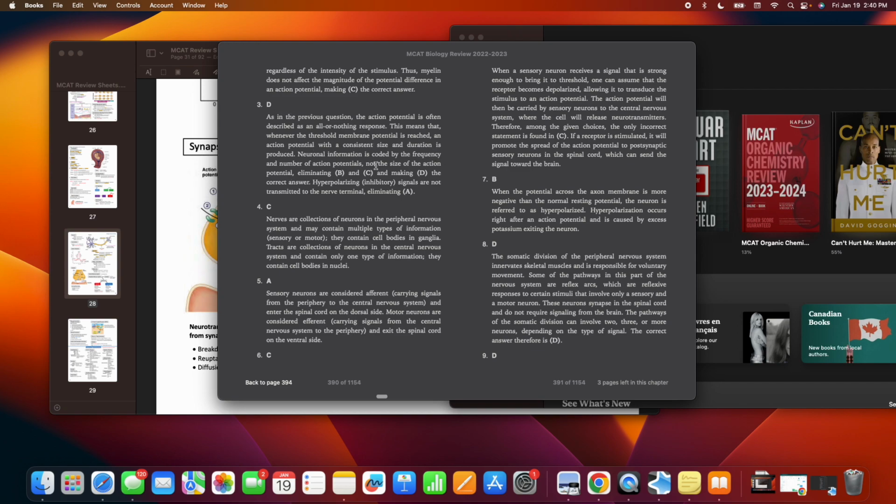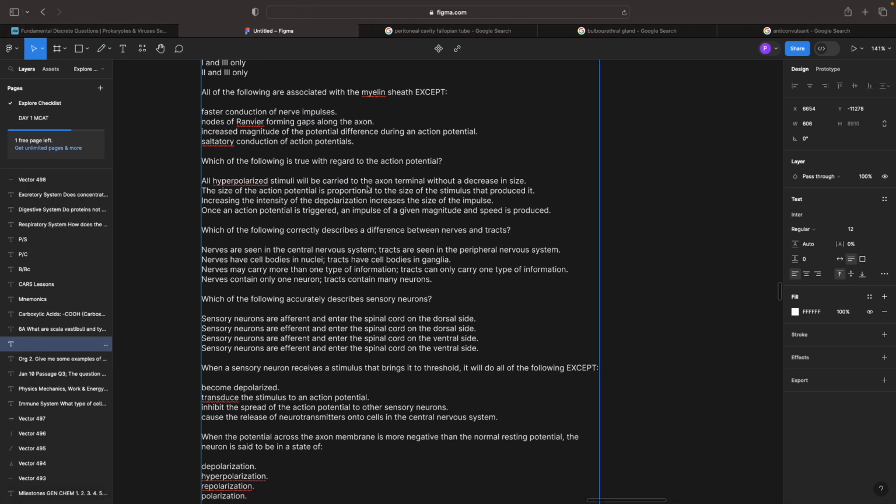Neuronal information is coded by the frequency and number of action potentials, not the size of the action potential. And making the correct answer: hyperpolarizing inhibitory signals are not transmitted to the nerve terminal. That is interesting, eliminating A. Let's read that again: all hyperpolarized stimuli will be carried to the axon terminal without a decrease in size.